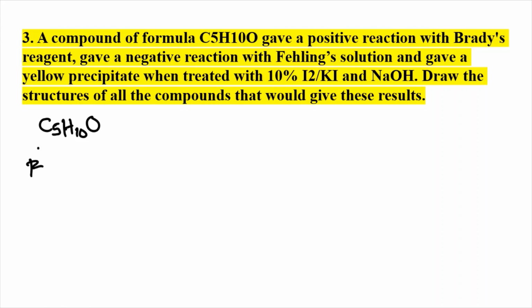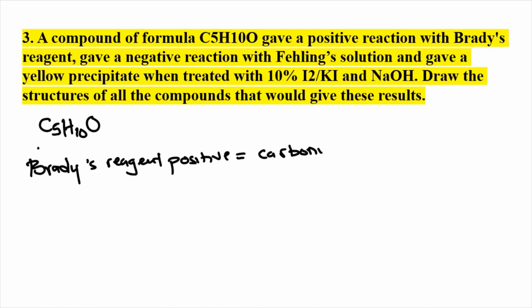So now Brady's reagent will be positive. Positive simply means that there's a carbonyl group in your compound. A carbonyl group is simply a carbon double bonded to an oxygen. That is Brady's reagent. That is what they're telling us.